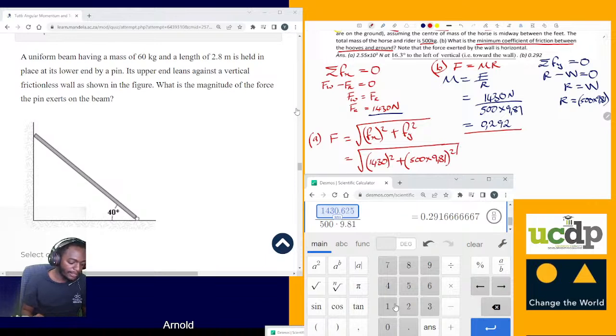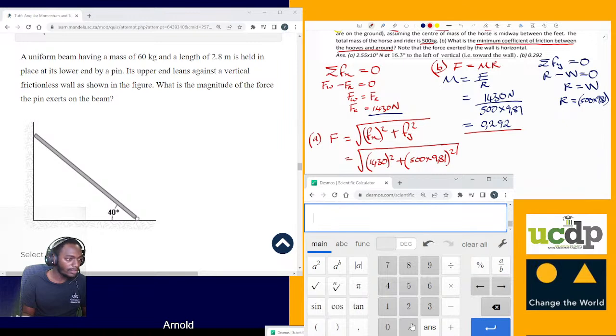Then we punch that. You should remember this when you're looking at your vectors.